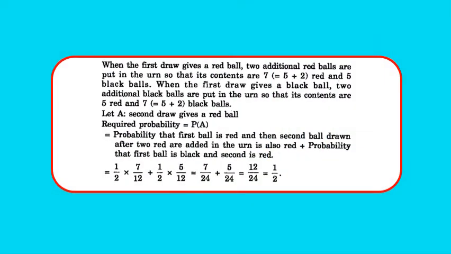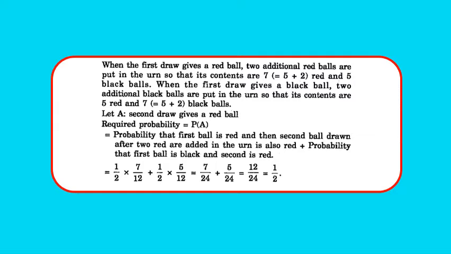When the first drawn ball is red, according to the question we have to put 2 additional red balls into the urn. So the total content of red is 7, that is 5 plus 2, and 5 blacks, hence the total number of balls will be 12 now. When the first drawn ball is black, 2 additional black balls are put in the urn. So the total content of black will be 7 and red will be 5. Let A be the event that the second drawn ball is red.